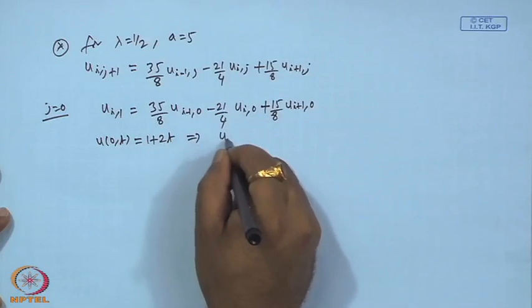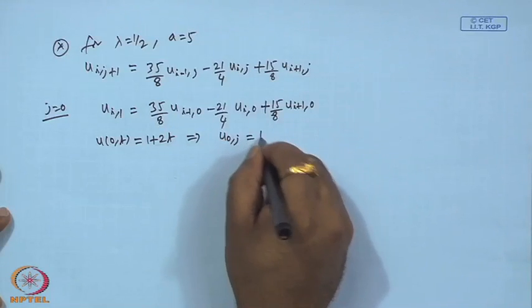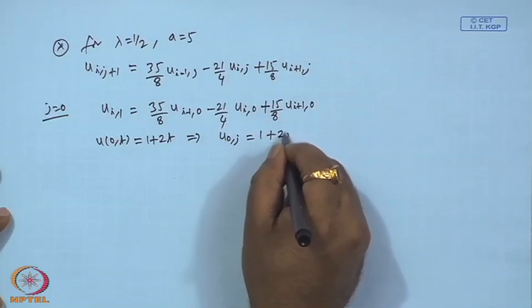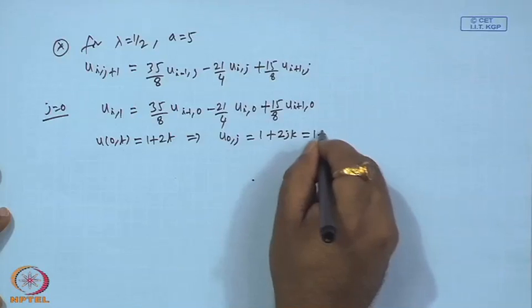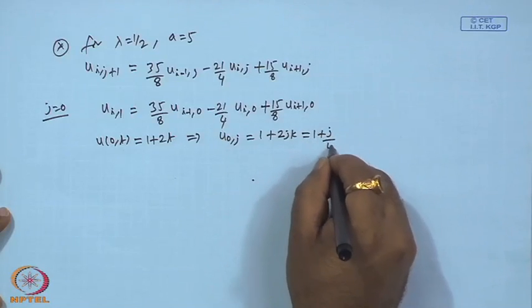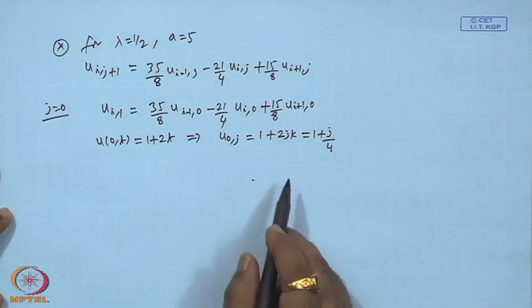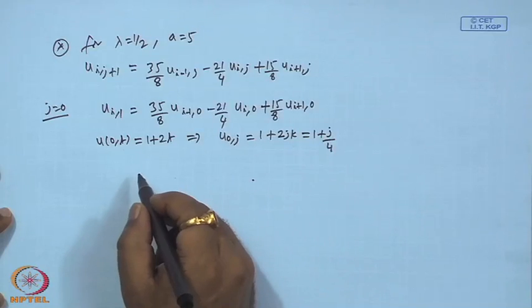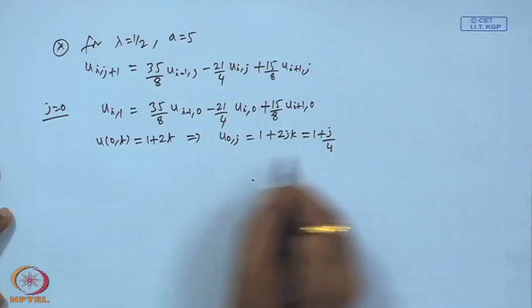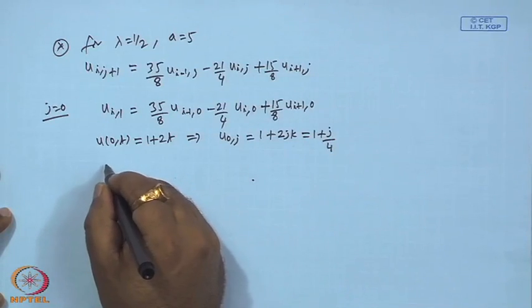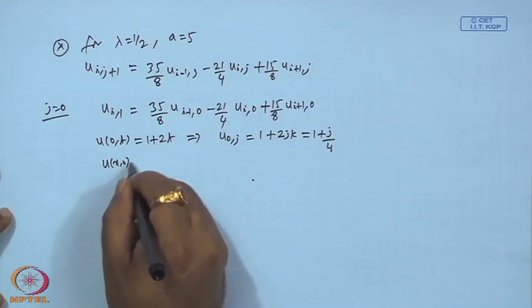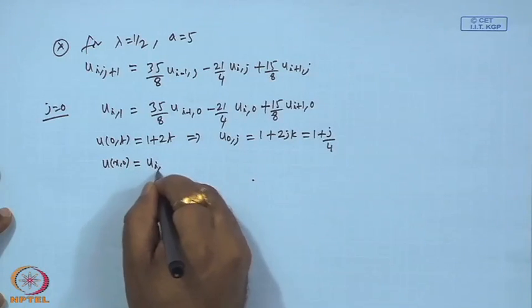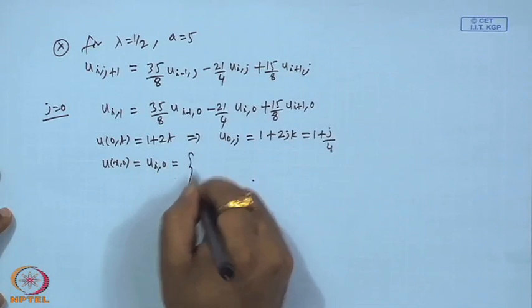So, this implies is 1 plus 2 j k, which is 1 plus j by 4. Okay. Because k is 1 over 8, then u of x 0 is u I 0.